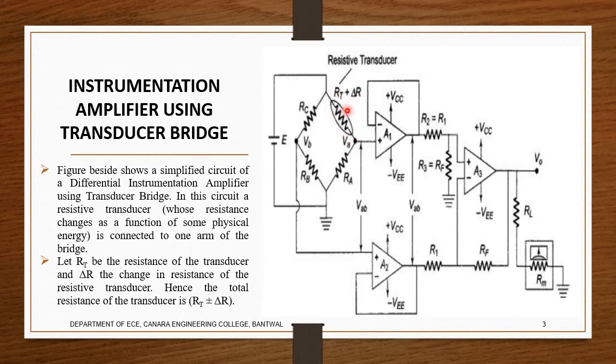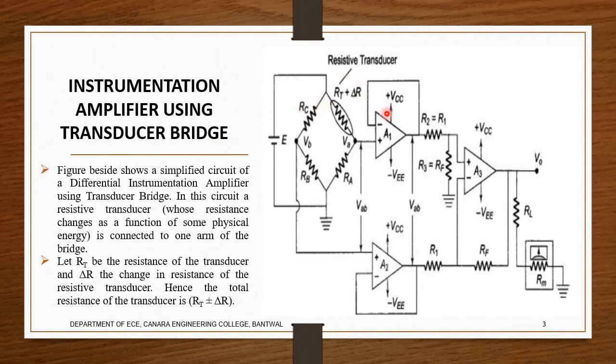The condition while building this Wheatstone bridge is that RC, RB, RA are equal to RT, so it is balanced. So we say RT, RC, RB, RA are all R. This is what we have seen in the Wheatstone bridge, the slightly unbalanced condition, and this is the condition we are going to implement.